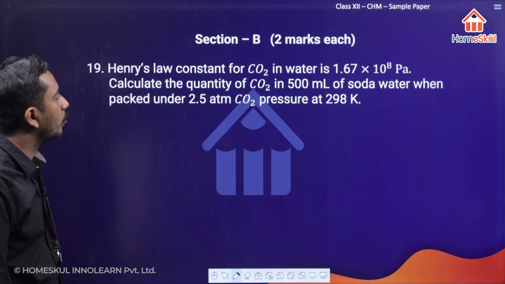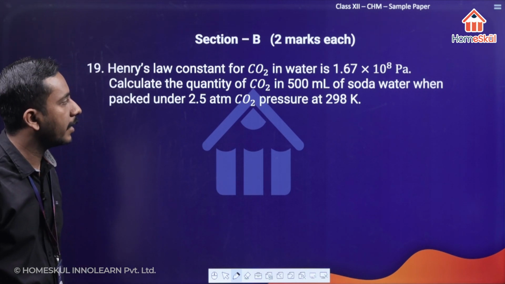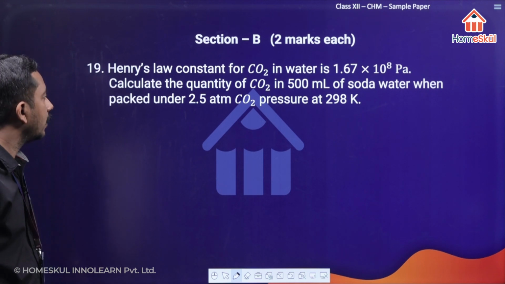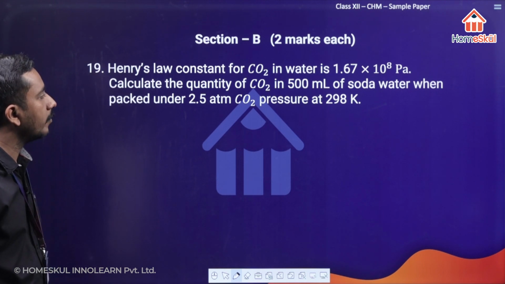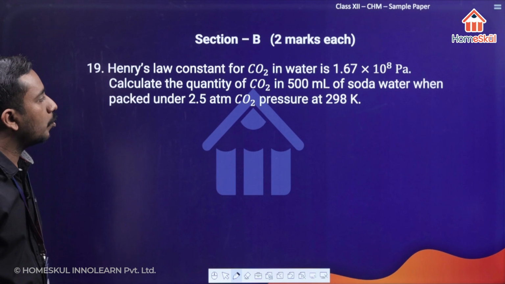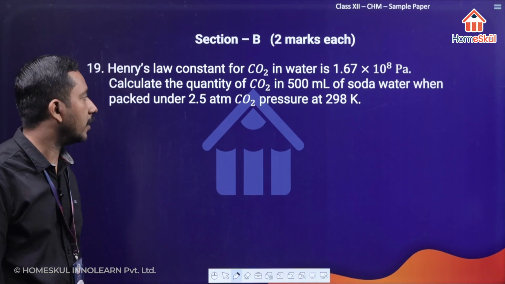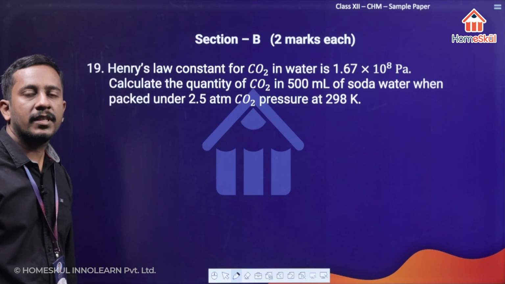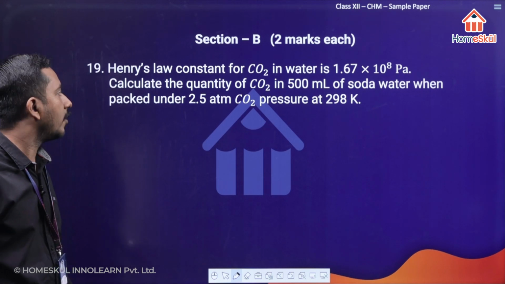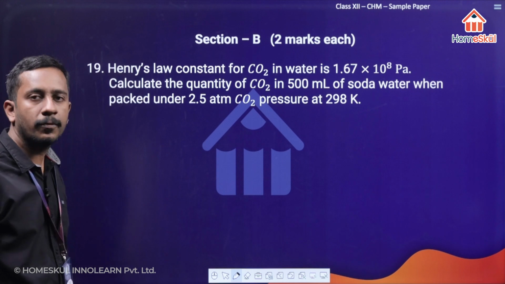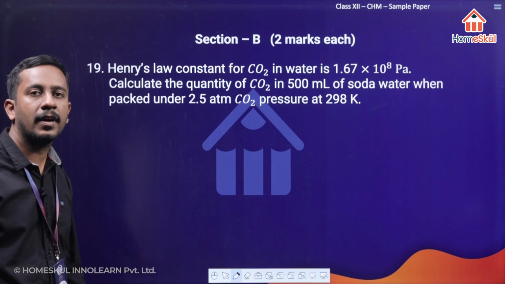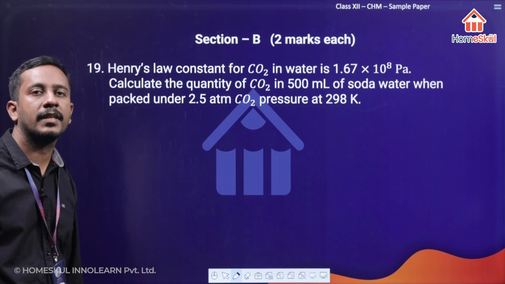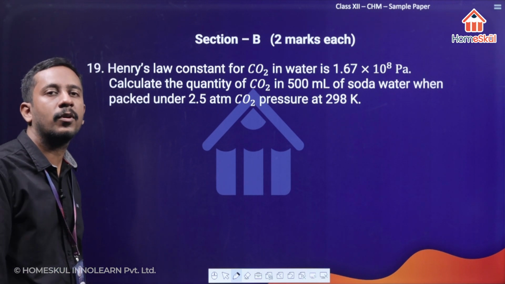So we have to calculate the quantity of carbon dioxide in 500 ml of soda water when packed under 2.5 atm pressure at 298 Kelvin. Right. So in the first glance itself, we can know that the question is related with Henry's law and we have to calculate the amount of carbon dioxide, that is the weight of carbon dioxide or the amount of carbon dioxide that is present in a particular volume of the solution.